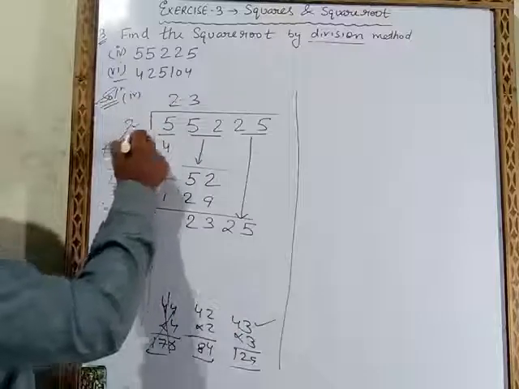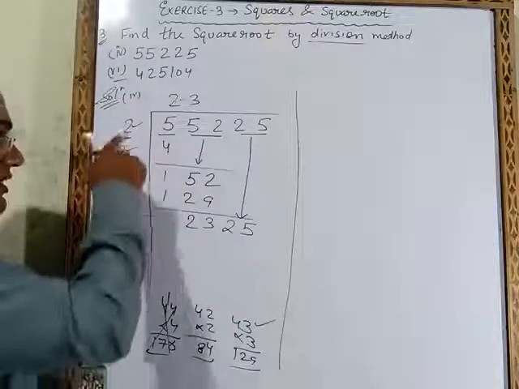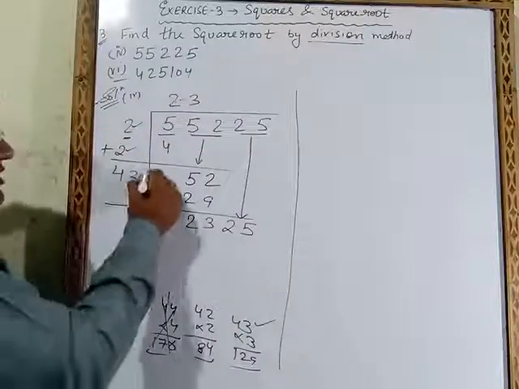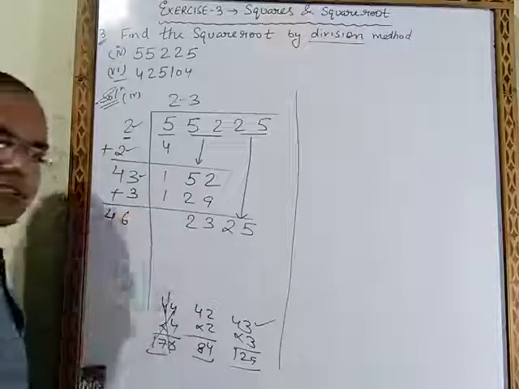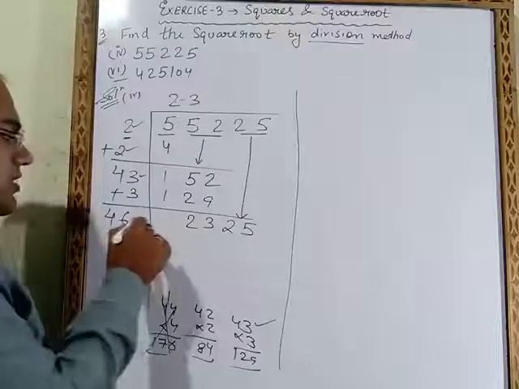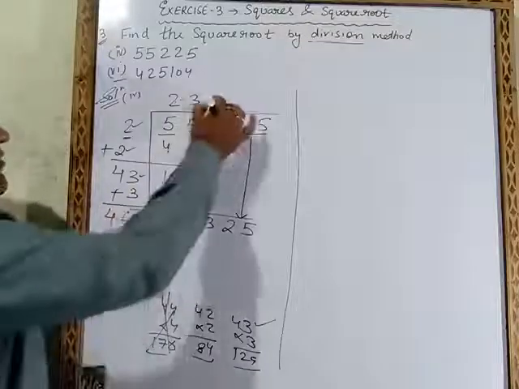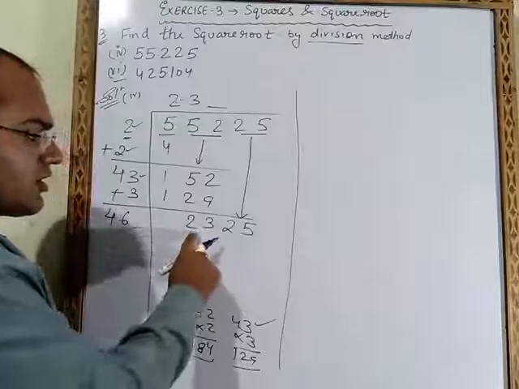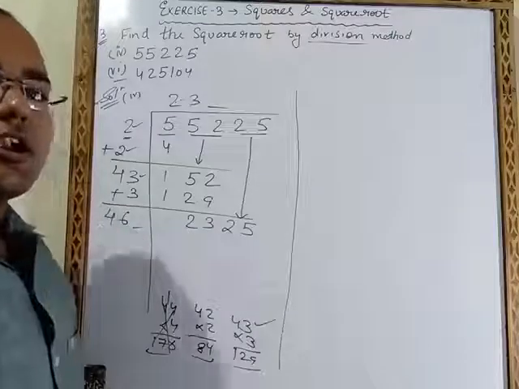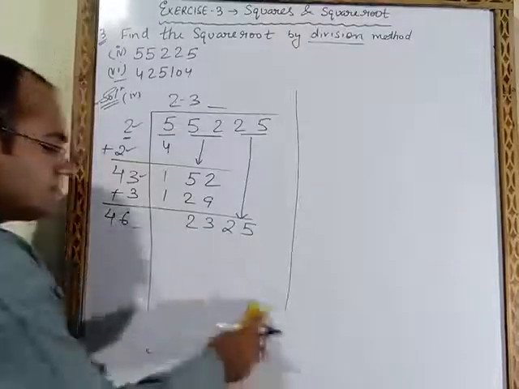As these two we had added here, in the same way you have to do here also. These 3 we have to add here. So this will become 46. Now one number you have to write here and that same number we have to take here also. This is 2325. So what you have to do?